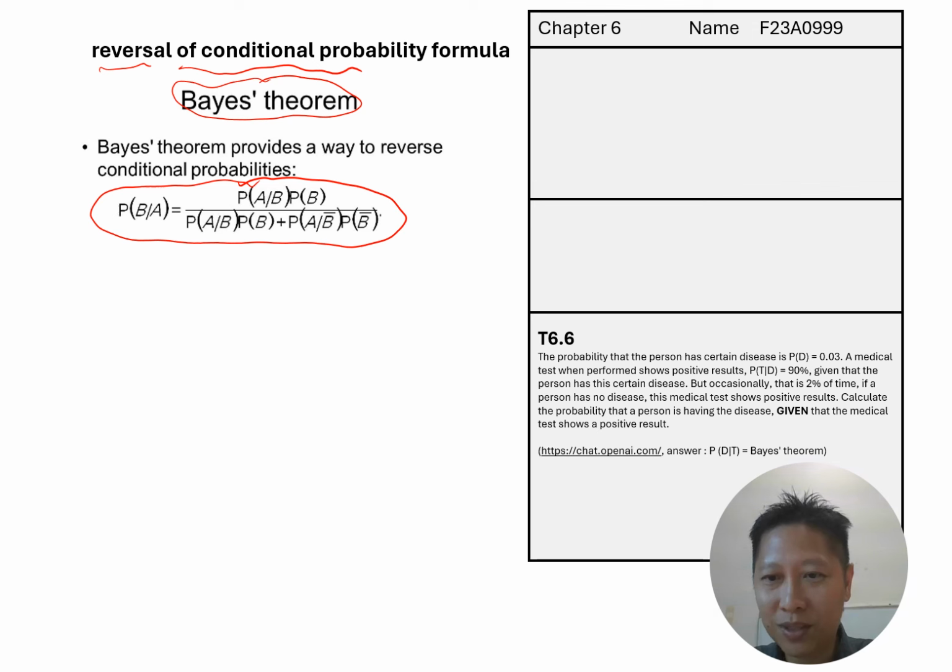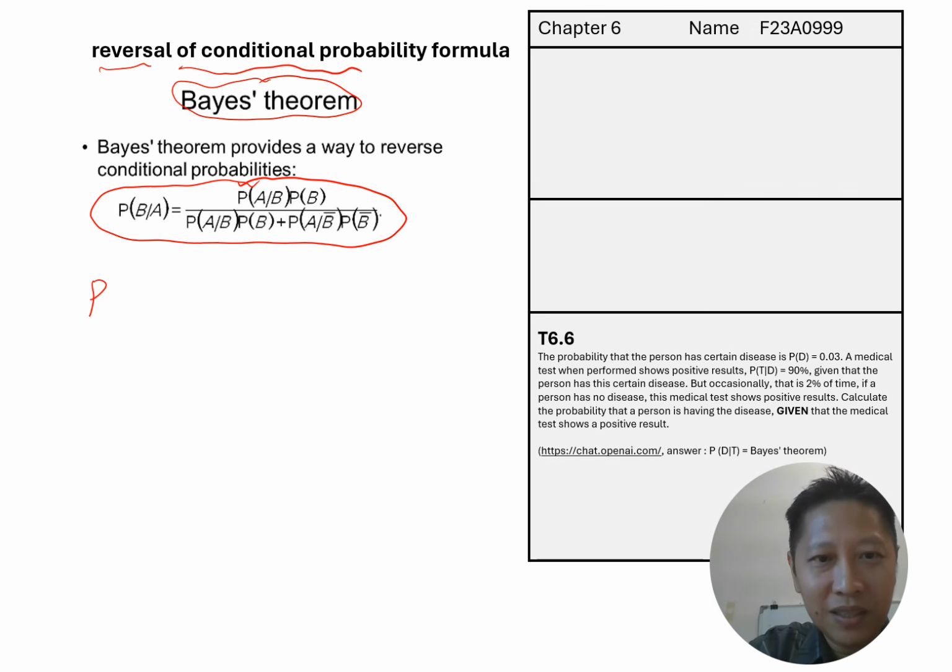T6.6, question number 3. The probability that a person has a disease is 0.03. Okay, we'll write down the percentage. The probability of somebody getting the disease is 0.03.